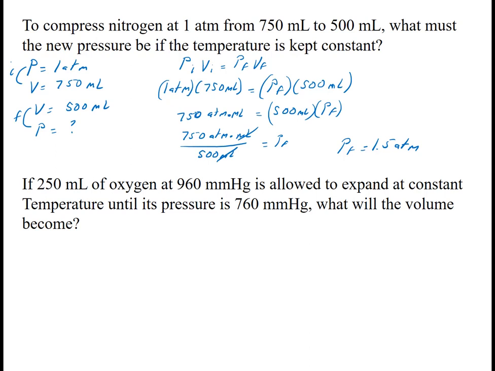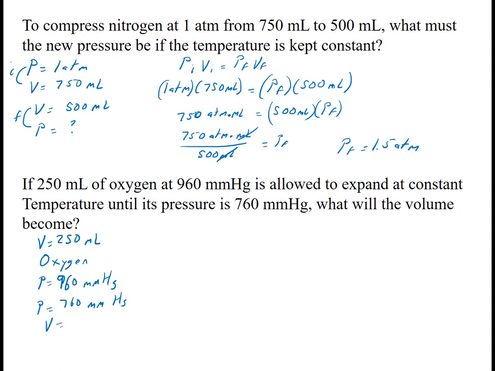This one, it says if a 250 milliliter, so therefore I have a volume of 250 mL of oxygen, you don't have to write down oxygen, but sometimes that's going to come in handy, is millimeters of mercury, which is a pressure of 960 mmHg, is allowed to expand at a constant temperature, again there's your temperature, until its pressure is 760 mmHg.